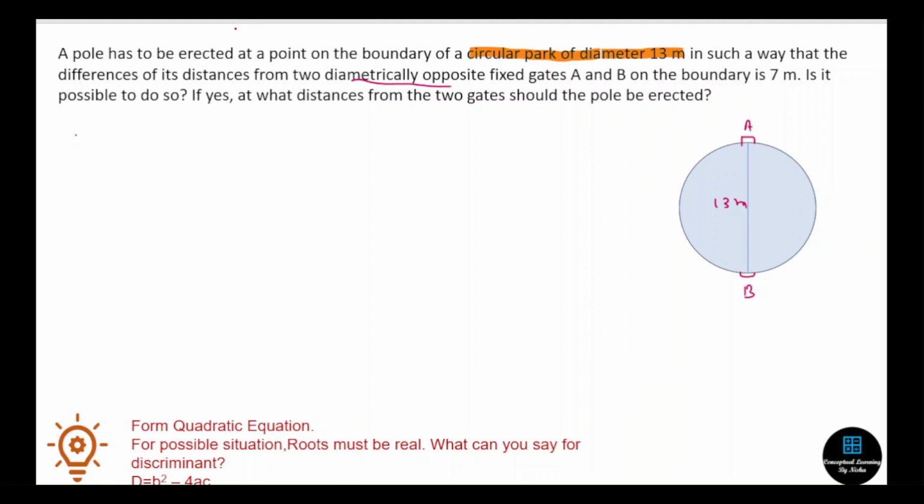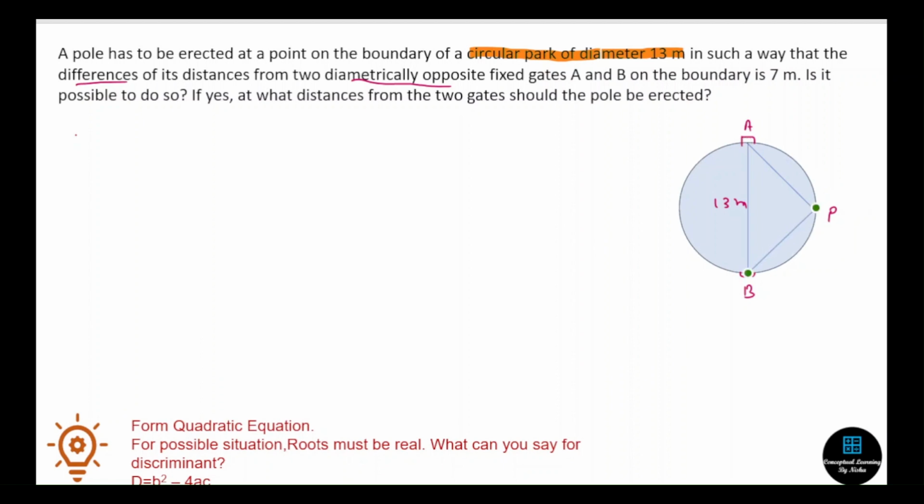Okay. And now see what they are saying, the pole should be there at the boundary. Okay, so let's say the pole is here. This is the pole we are fixing. And the difference of these distances from these gates. Okay, so when I join these 2 points, what do I get? One more from here to here.